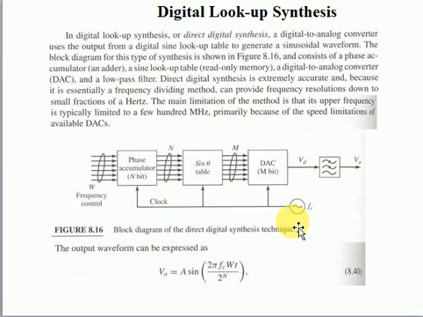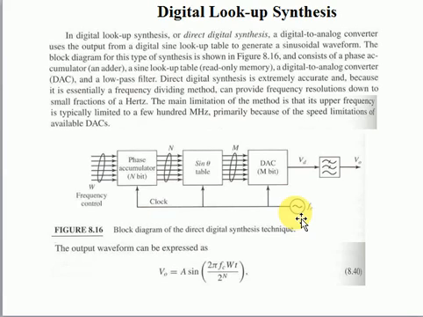The sine lookup table stores 2 to the power n uniformly spaced values of the sine function and provides a digital output that is equal to the sine of the linearly increasing phase data from the accumulator. The DAC converts the digital value to a discretized sine waveform, which is low pass filtered to provide an analog sine waveform output.